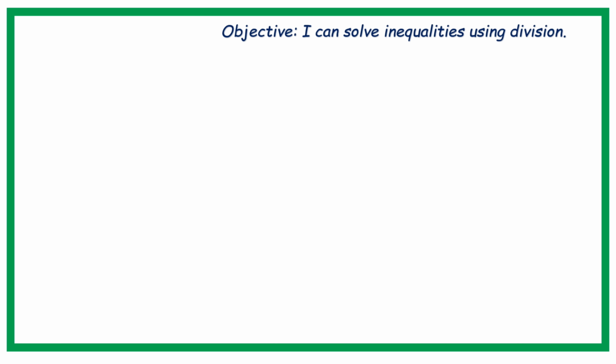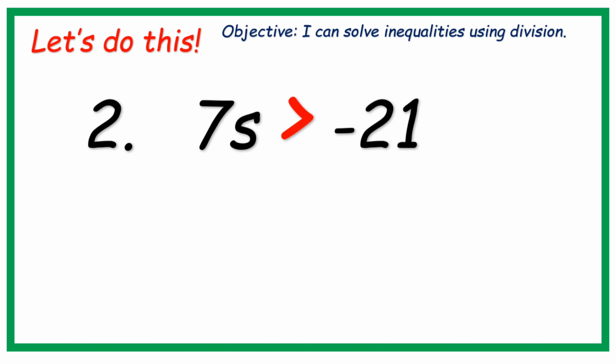Let's continue. Our objective: I can solve inequalities using division. Let's do this. Number 2. 7s is greater than negative 21.